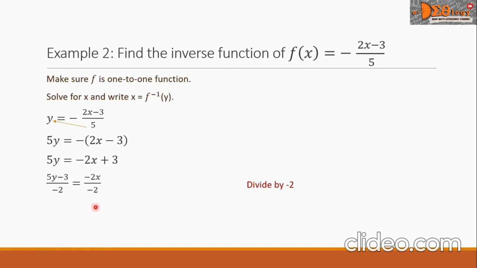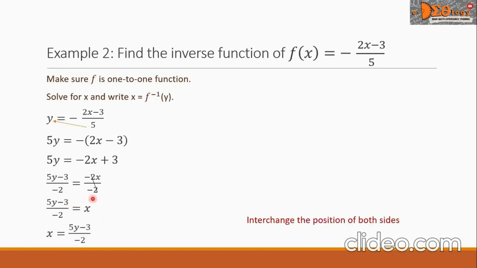And I can now cancel the coefficient negative 2 and the divisor negative 2. Then only x as positive will come down. The left side will just be the same. And then I'll put this x on the left side, and the left side member will be placed on the right side. So I have now x equals 5y minus 3 all over negative 2.